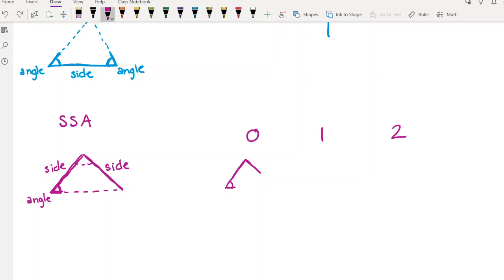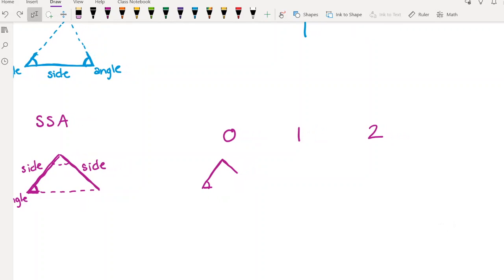So what would it be like if there were two possibilities? I'm going to try to draw this, and hopefully I will do an okay job. So let's say you know this angle, you know this side length, and then you have another side length, and maybe let me use a different color so it can kind of contrast.